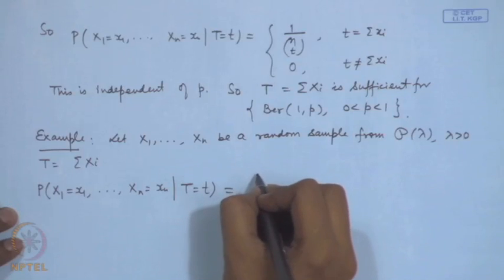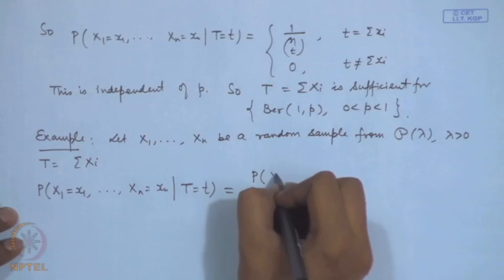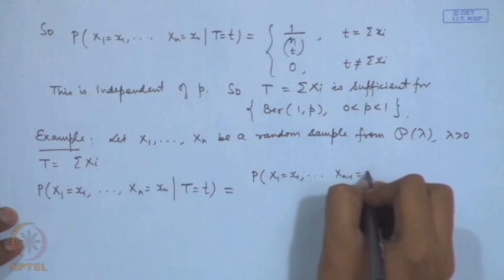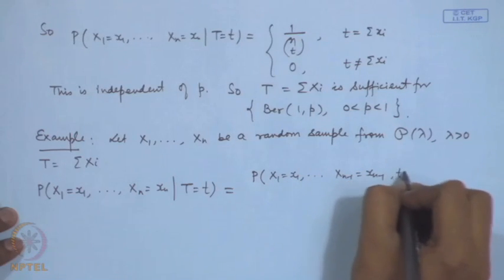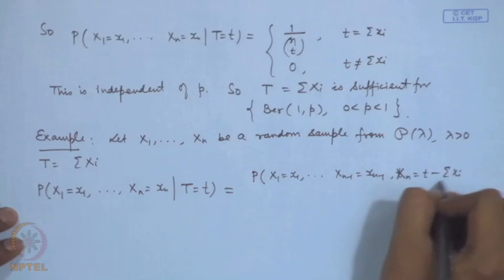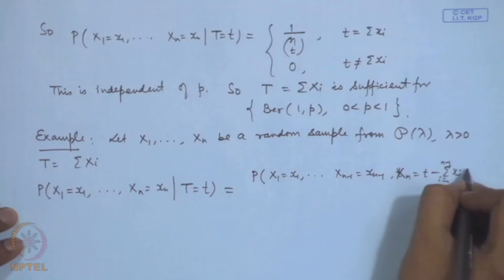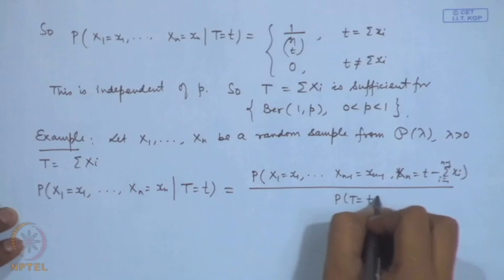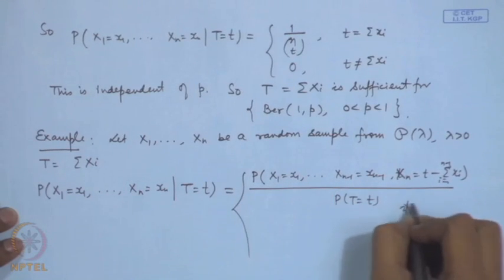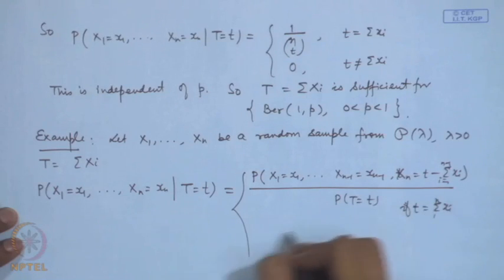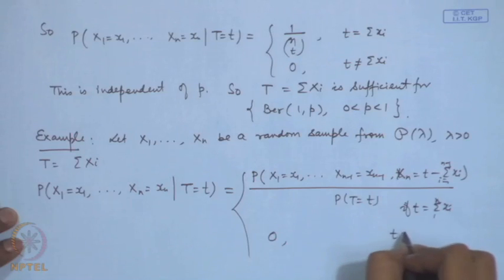So, arguing as before, we get X1 equal to x1 and so on, X(n-1) equal to x(n-1), Xn equal to t minus sigma xi, i equal to 1 to n minus 1, divided by probability T equal to t, if t is equal to sigma xi, 1 to n. It is equal to 0 if t is not equal to sigma xi, 1 to n.